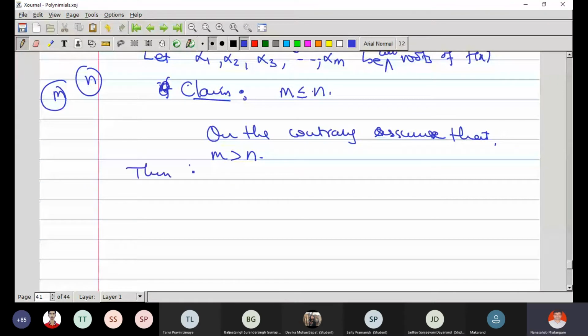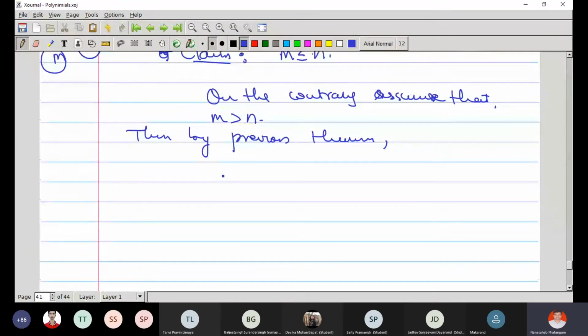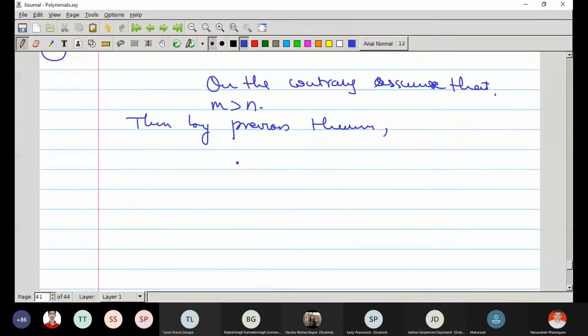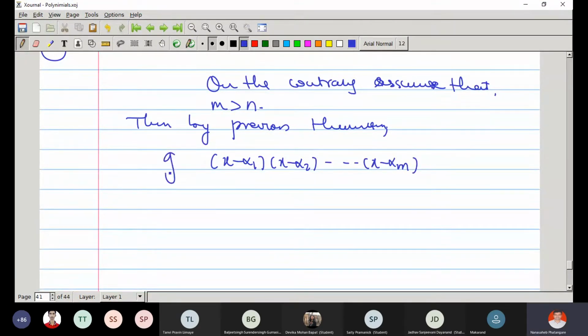So then, by the previous theorem, what will happen? We are assuming alpha 1, alpha 2, ..., alpha m are roots, and the number of roots is greater than the degree. Then by the previous theorem, (x minus alpha 1)(x minus alpha 2)...(x minus alpha m) is a factor of f(x).